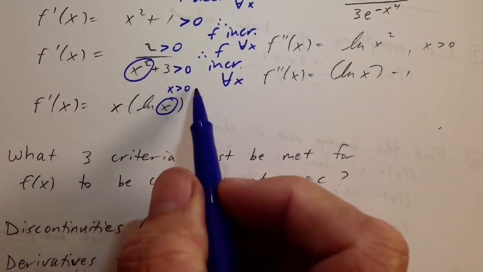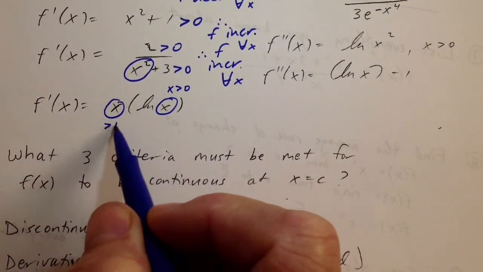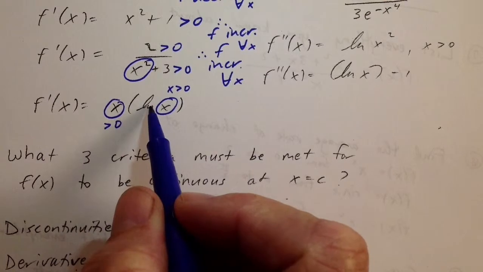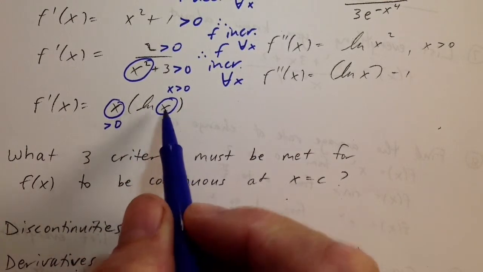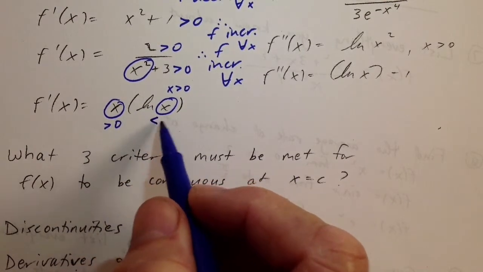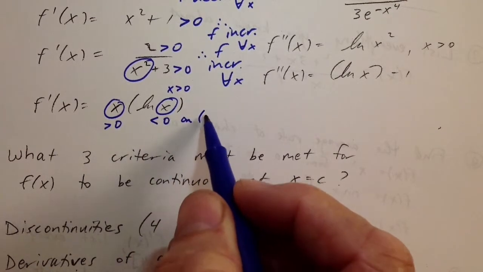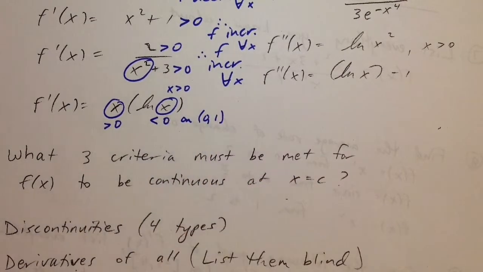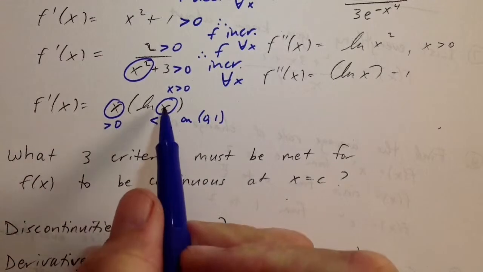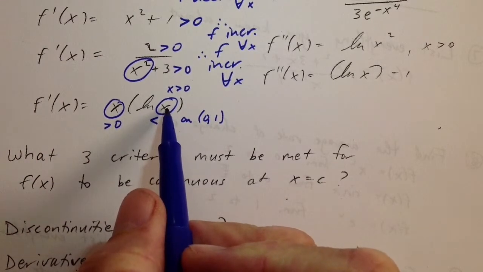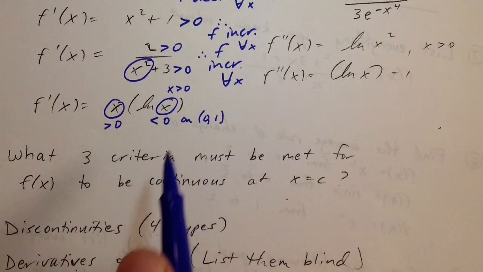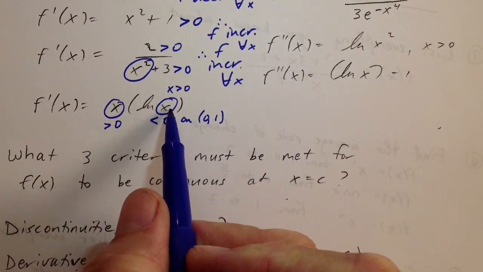So if x is greater than 0, then this is always going to be positive. And we know that ln of x is less than 0 on the interval from 0 to 1. So if you replace x with any value in between 0 and 1, then ln of x will be negative.